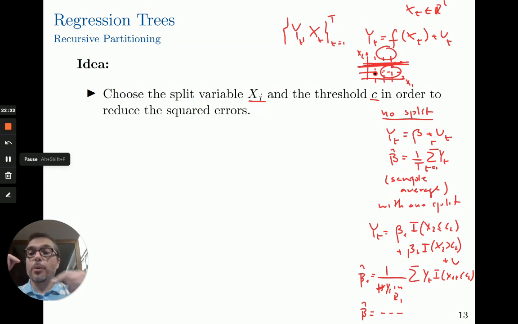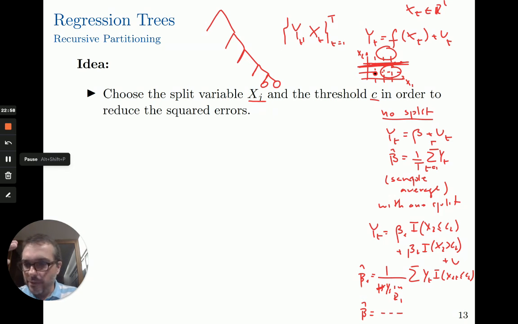So this is with 2 splits. We continue like that with 3 splits, 4 splits, 5 splits, until we get a fully grown tree. The good thing is that when you start with one split, you can always exhaust the splits on one side. You make this split and continue this way until you get to an end where the number of observations in each region is too small.